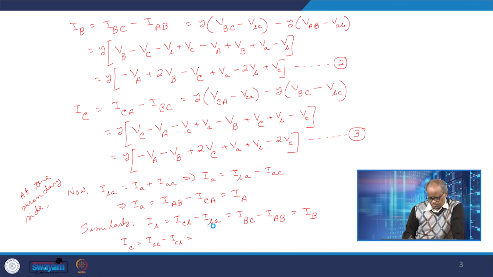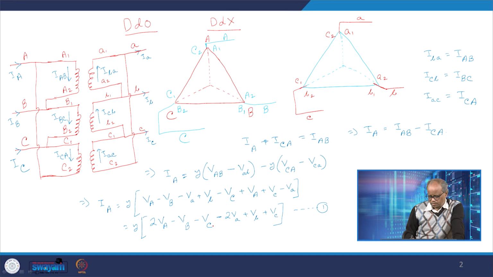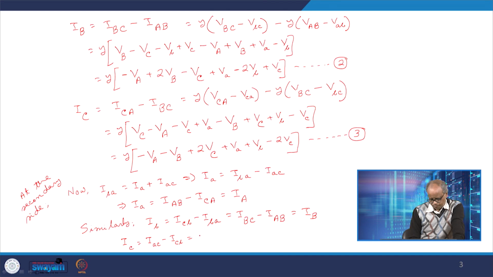IAC is ICA and ICB is IBC. So that is equal to I capital C. So this is equation 4.